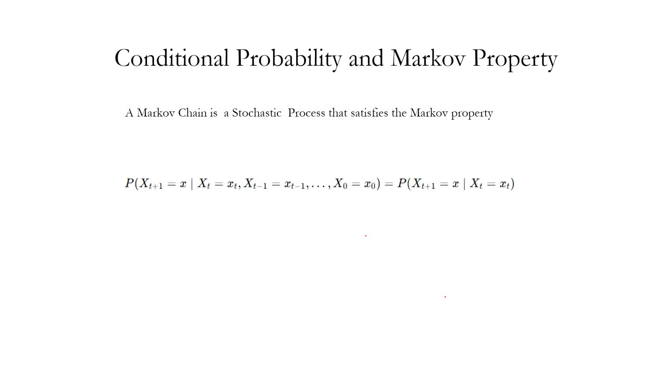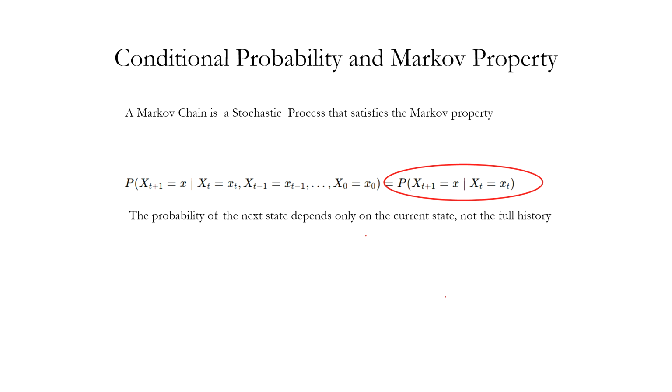So X_{t+1} is just dependent on X_t. And the probability of the next state depends on only the current state and not the full history that we just saw on the left-hand side. Okay, so that's important to note. That's what makes the Markov chain pretty special.